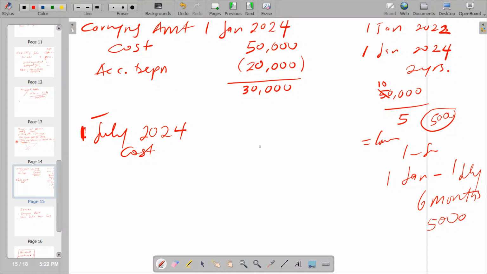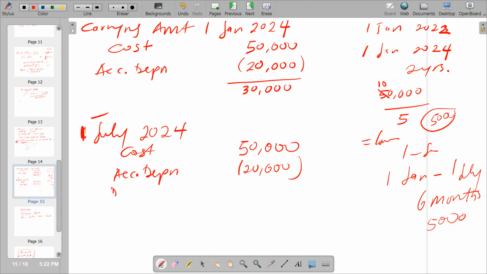Okay, so our carrying amount, this will be 50,000. This is the cost. Accumulated depreciation will be 25,000. Okay, initially it was 20,000. So this is up to 1st January, from 1st January 2022 to 2024.